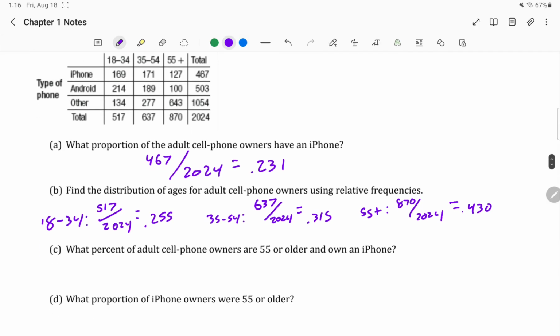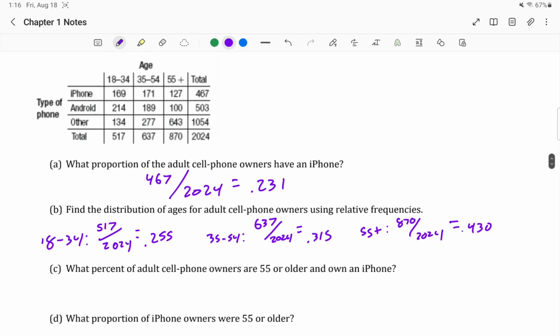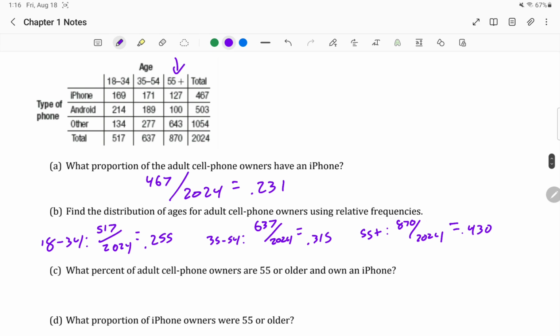Now it says what percent of cell phone owners are 55 or older and own an iPhone. Now I'm being very specific. They are 55 and older and they have an iPhone. That is very specifically 127 of these people. But who are these people? Where am I putting that 127 over?